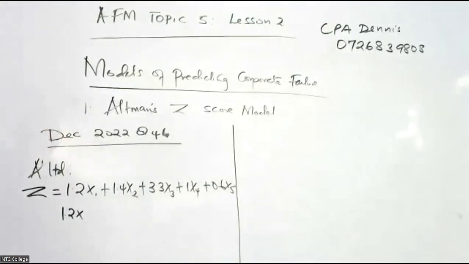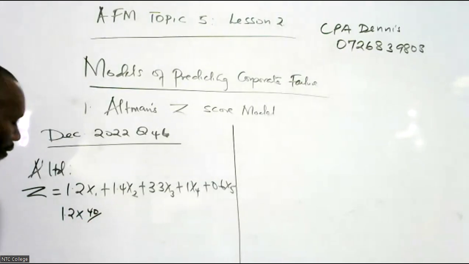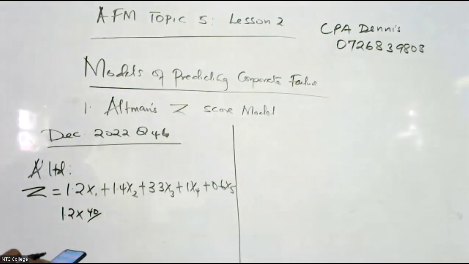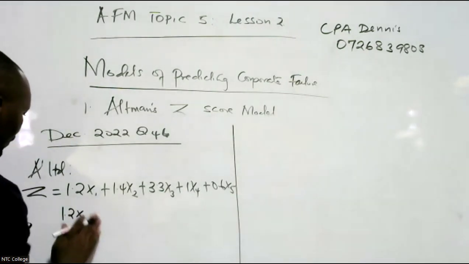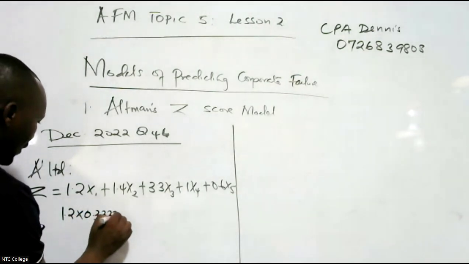So we have this one times 40 over 120. You can calculate that instead of writing the full figure. Take your calculator, 40 divided by 120. What are you getting? 0.3333.